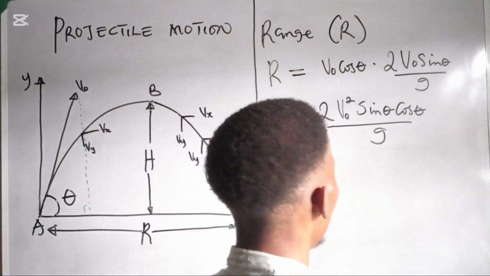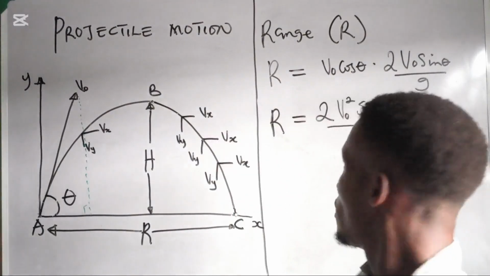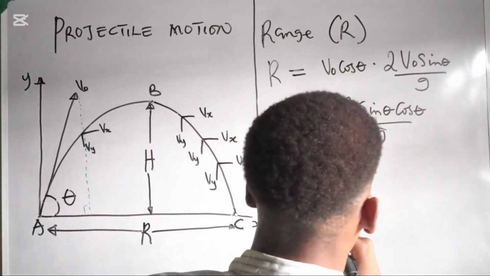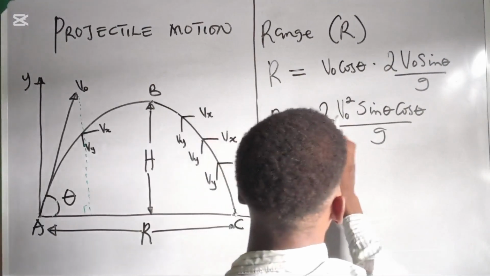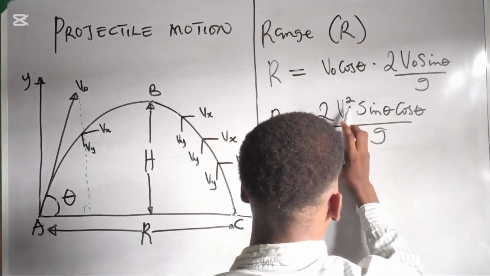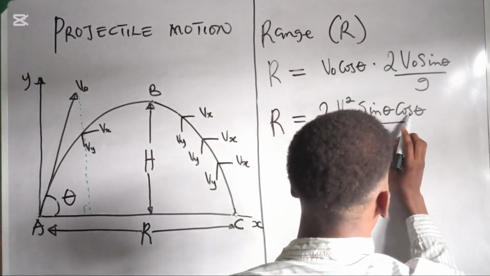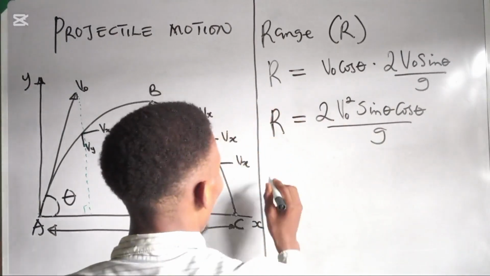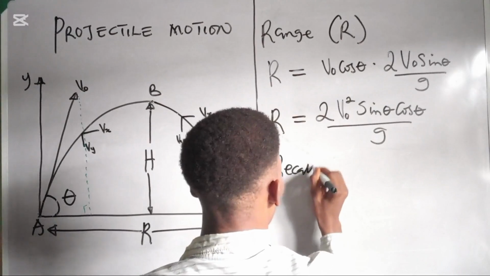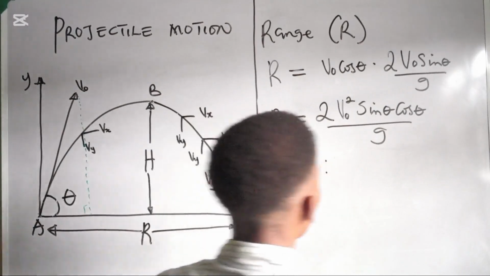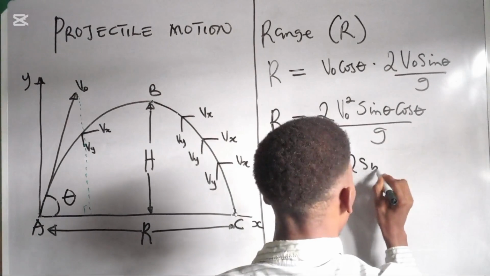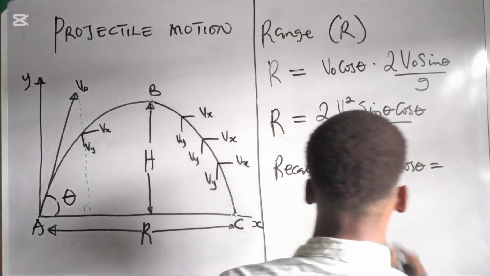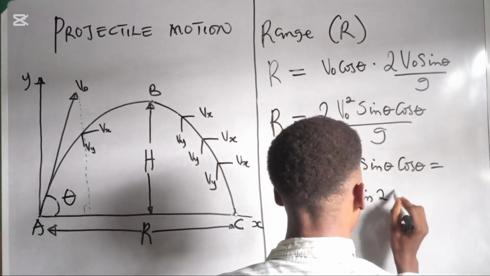So now the next thing you need to do is, looking at this, you can see that this 2 is governing both V naught squared and also sine theta cos theta. Then you recall from mathematics that 2 sine theta cos theta is equal to sine 2 theta.